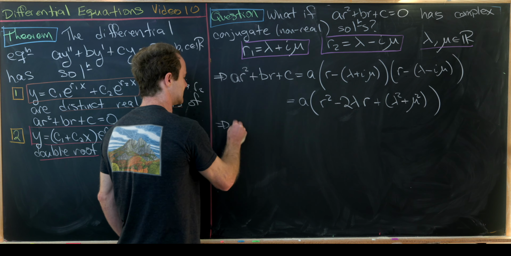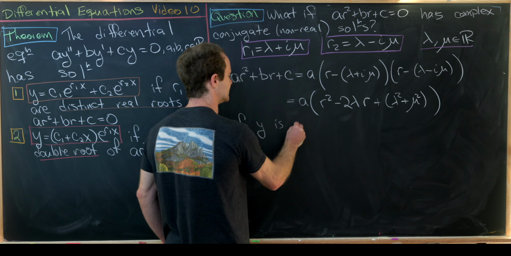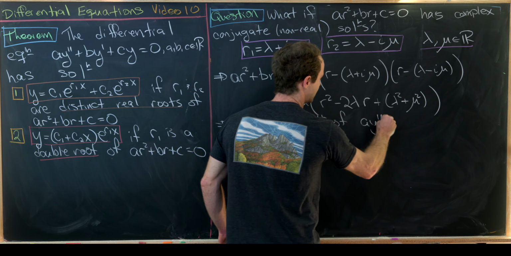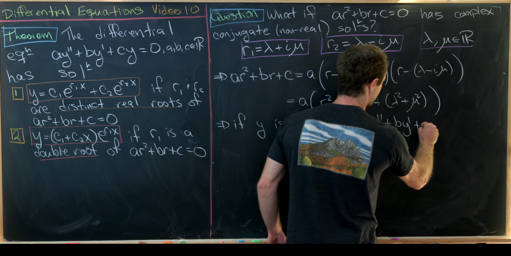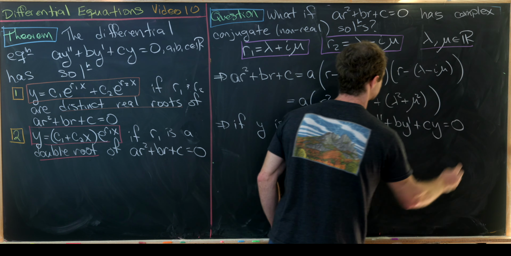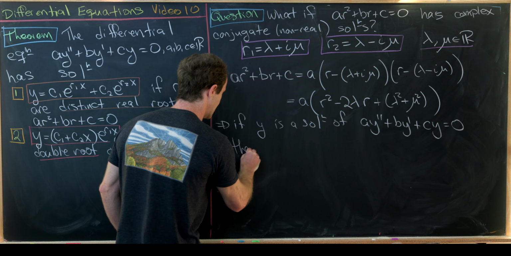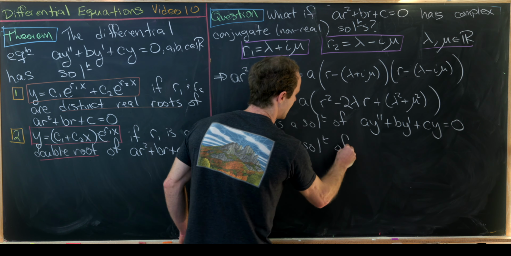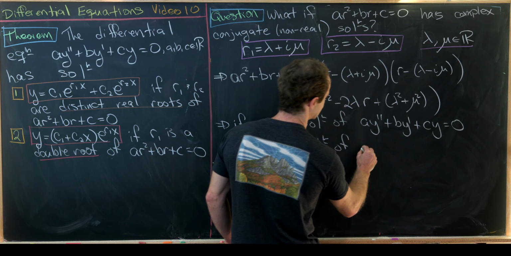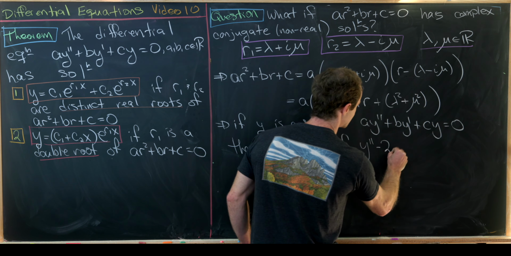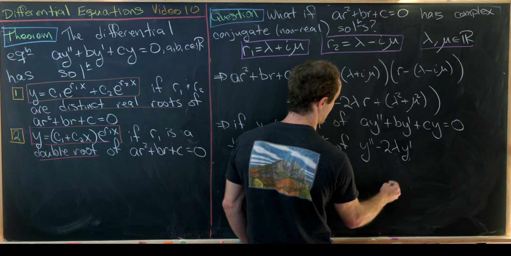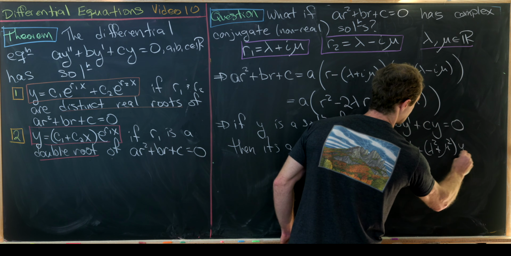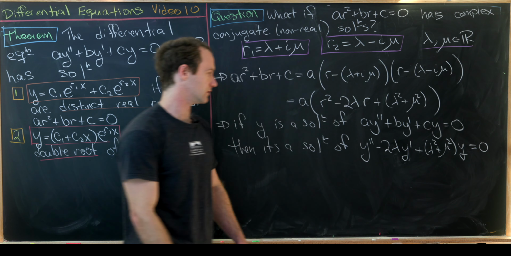That tells us if y is a solution of a y double prime plus b y prime plus c y equals 0, then it's a solution of, let's see, y double prime minus 2 lambda y prime plus lambda squared plus mu squared times y equals 0.